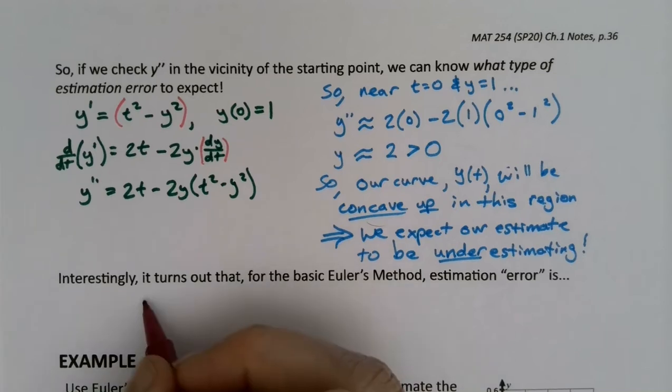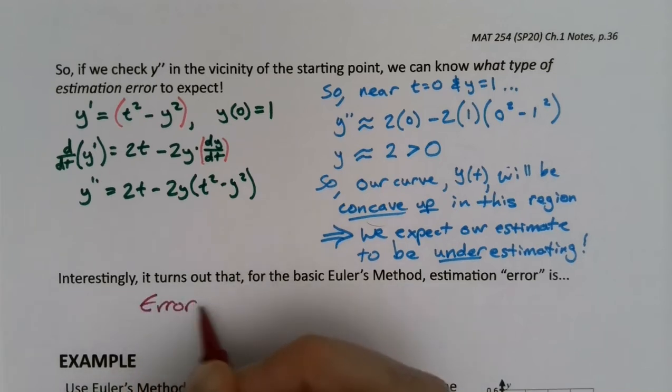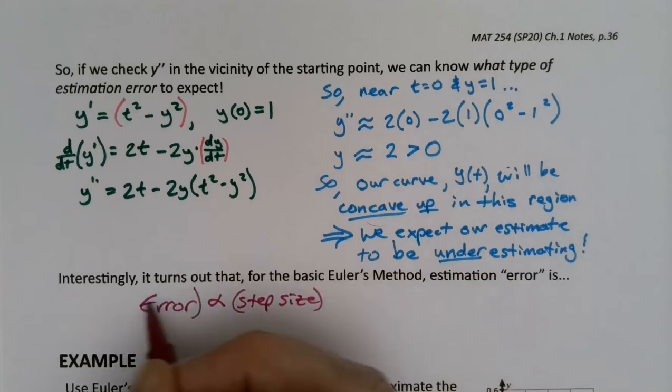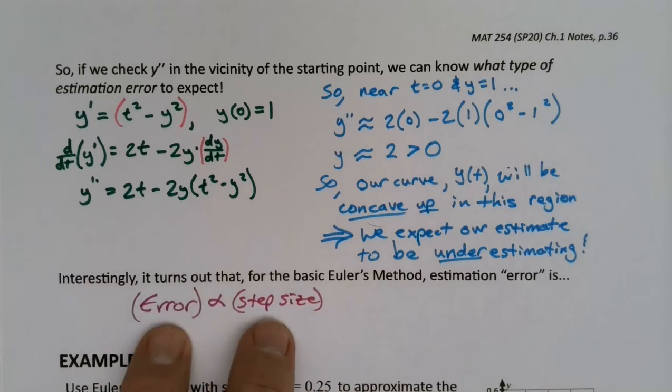That error turns out to be proportional to step size. So error and step size are directly related to each other, right? As step size gets bigger and bigger, so does error, which is exactly what you expect. And as step size gets smaller, so does error.